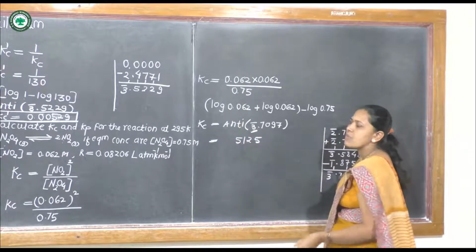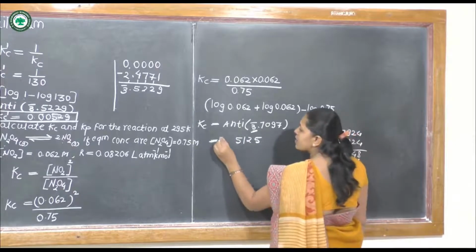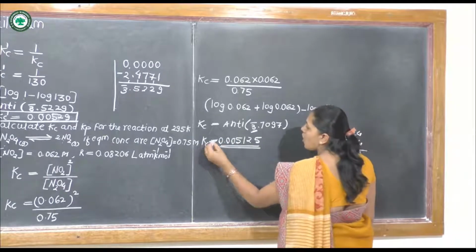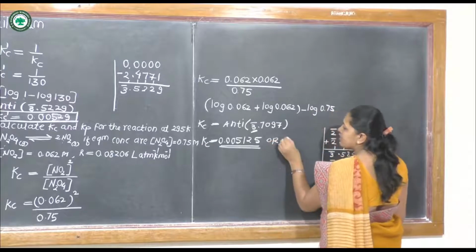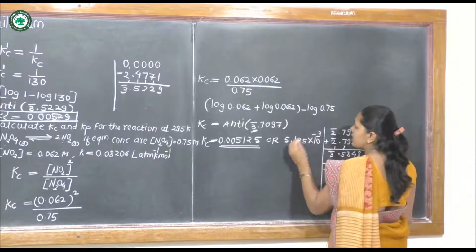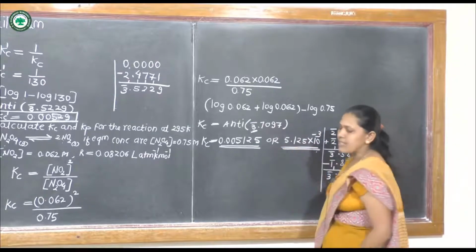Here characteristic is bar 3, therefore our answer is 0.005125 or it can be written as 5.125 into 10 raised to minus 3. This is the value of Kc.